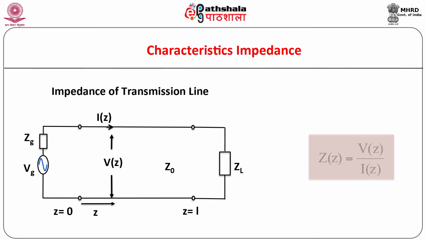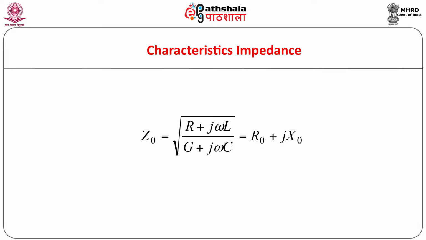Note that Z depends upon the voltage and current along the transmission line, and hence obviously it varies along the transmission line.